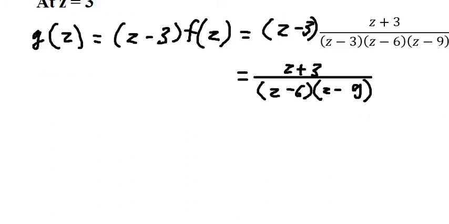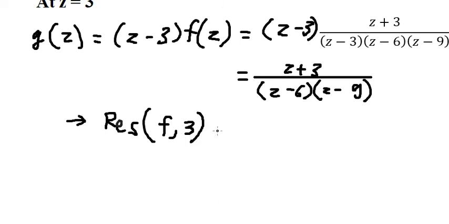And now we can find the residue of f at location number 3. So we will put number 3 in here, number 3 in here, and number 3 in here, and we can calculate this one, and we have 1 over 3, after we put number 3 in for z.